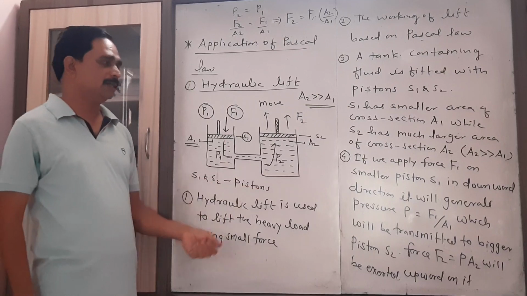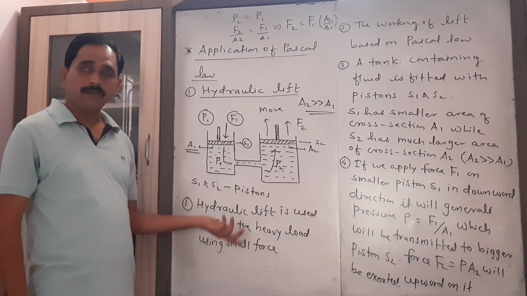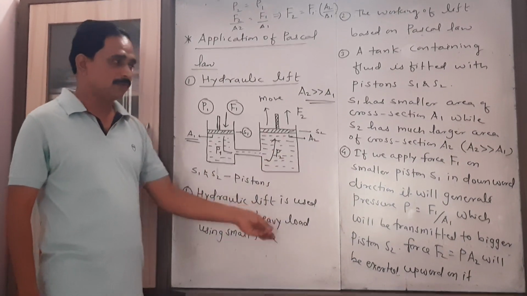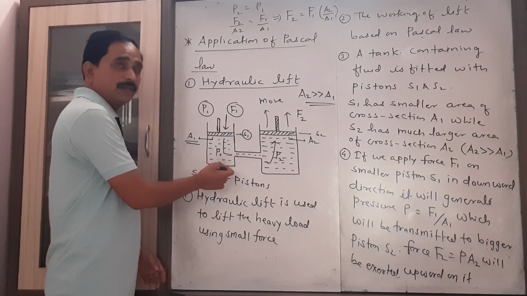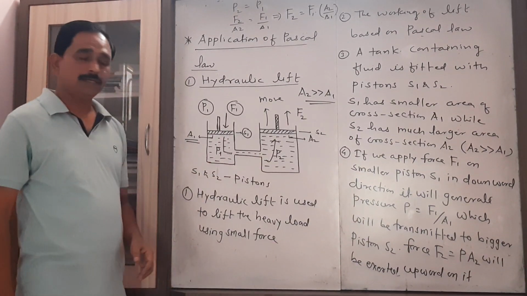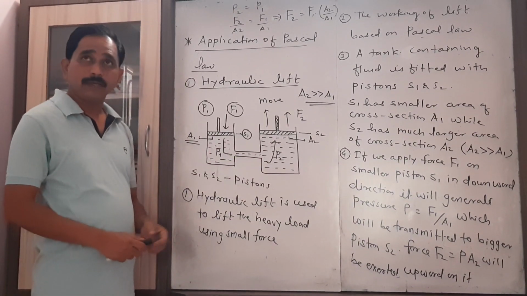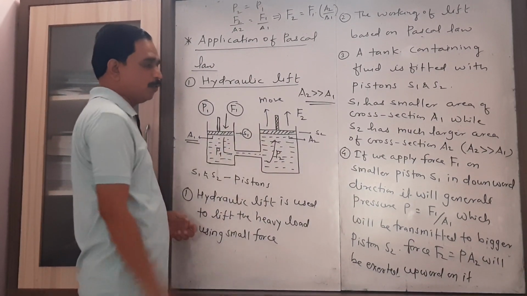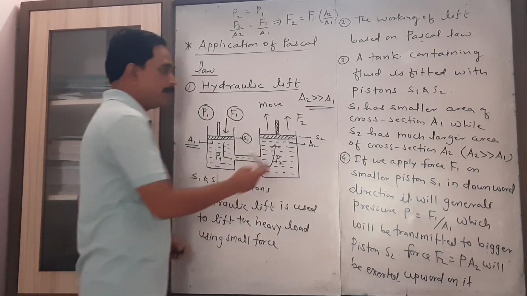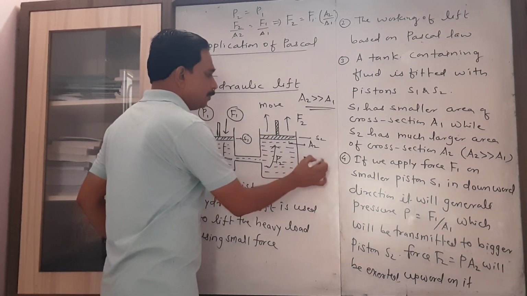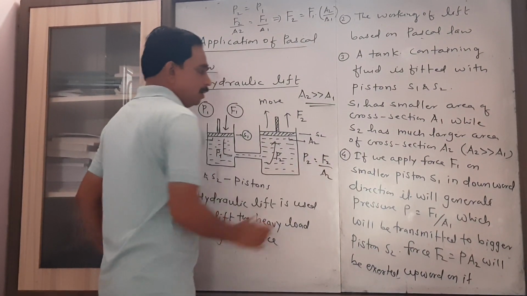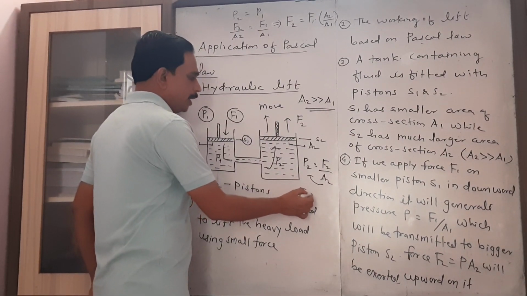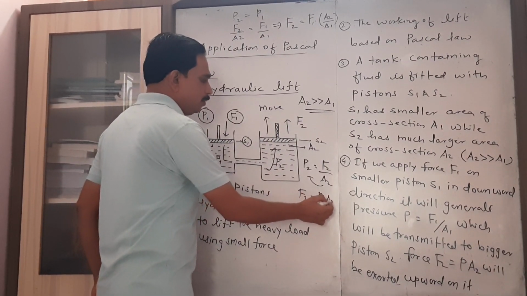That pressure, which we can consider as P1 or simply P, is equal to F1 by A1, and it will be transmitted from the smaller to the bigger piston, that is S1 to S2, in such a way that this piston will experience a force F2. Now if we consider P2 as the pressure, P2 equals F2 by A2. Therefore, we can write F2 equals P2 into A2.